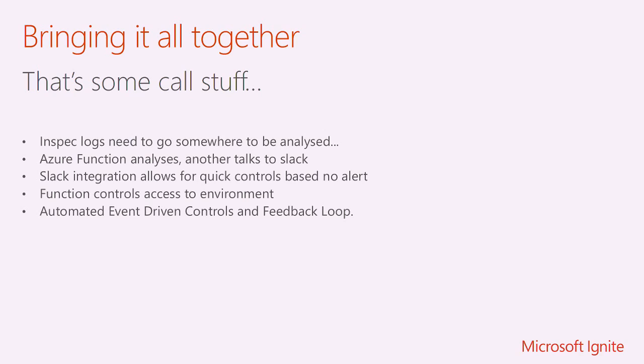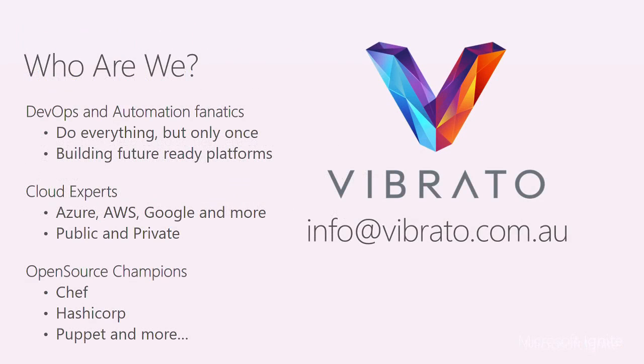Pumping that back into Slack so that we can see that there's an issue, and then from Slack, being able to control, again, with a Slack command, to actually push through and say, I'd like to do this on the back of that event that just occurred. And that's the glue that we're putting together.